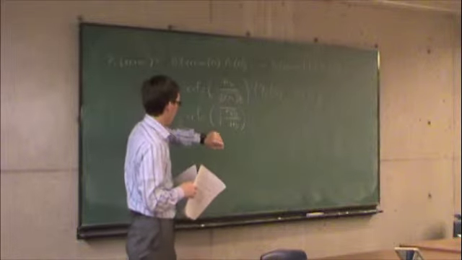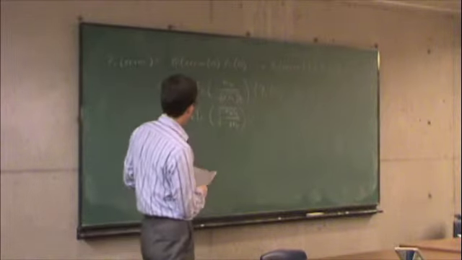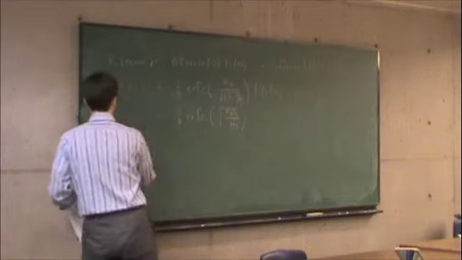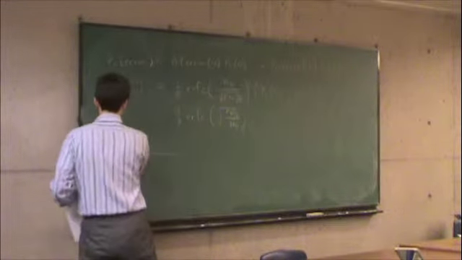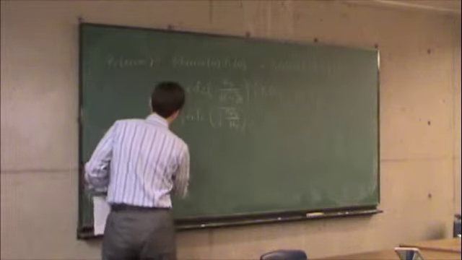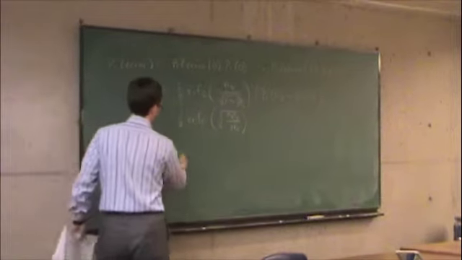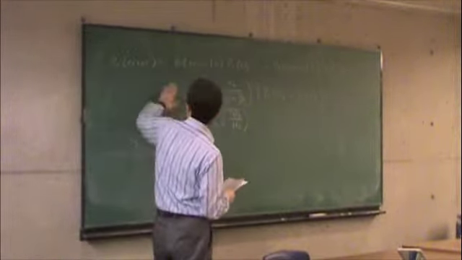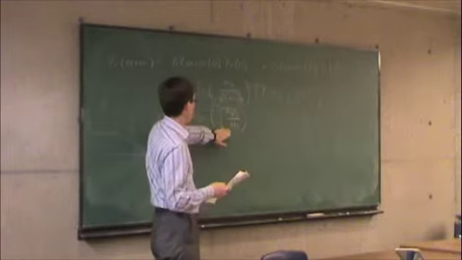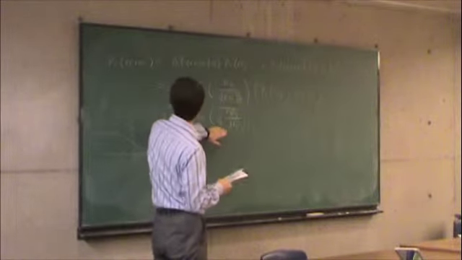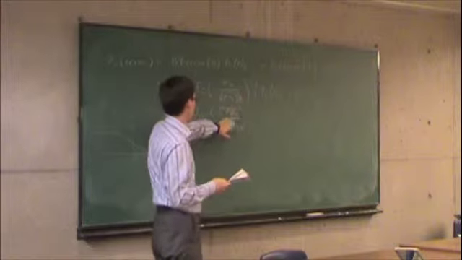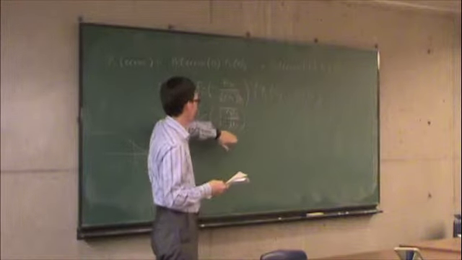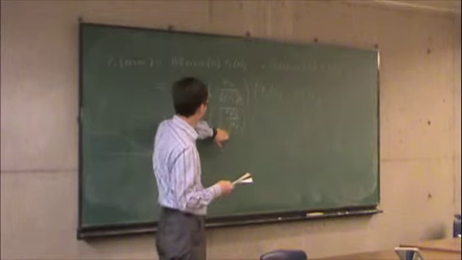I just want to point out a couple things here. Firstly, erfc looks like this. It's a monotonically decreasing function. So as its argument gets bigger, it gets smaller and smaller. So in order to make probability of error go down, I need to make this as big as possible.